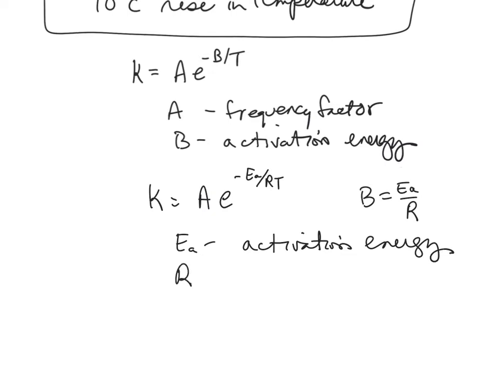And R is the ideal gas constant, which is going to be 8.314 joules per mole per Kelvin.